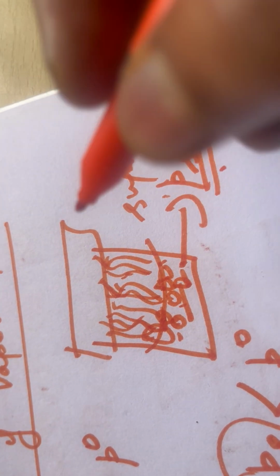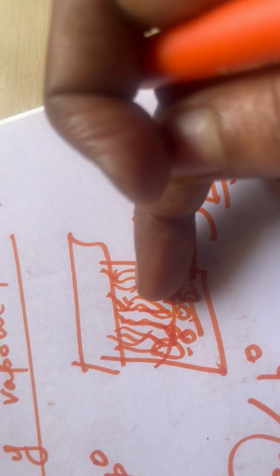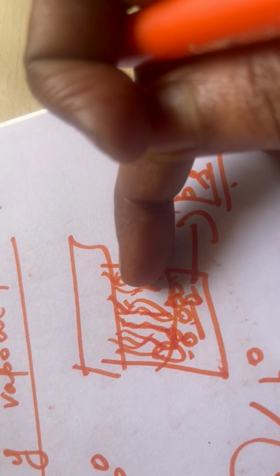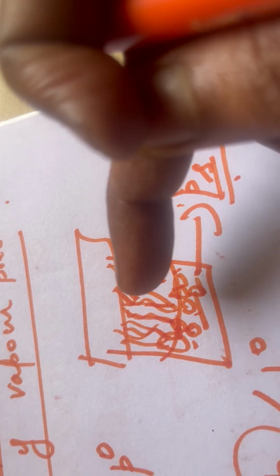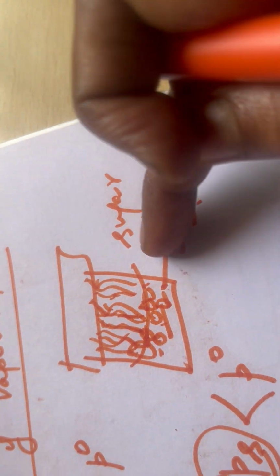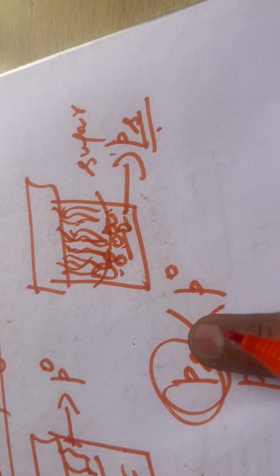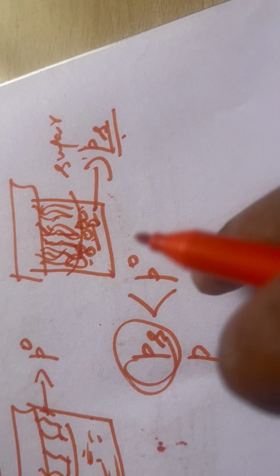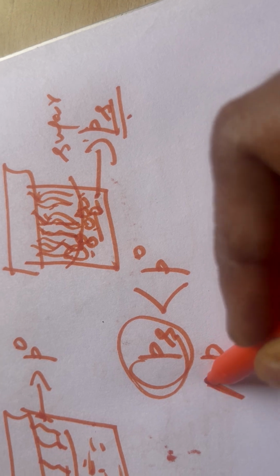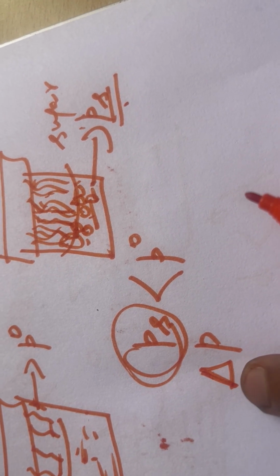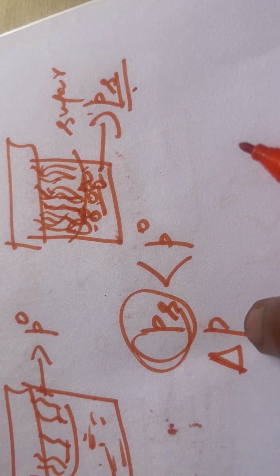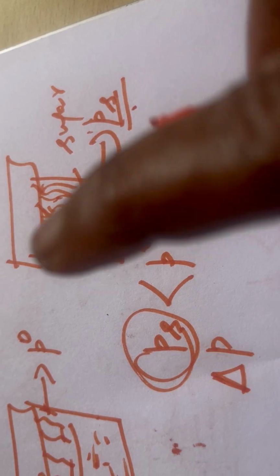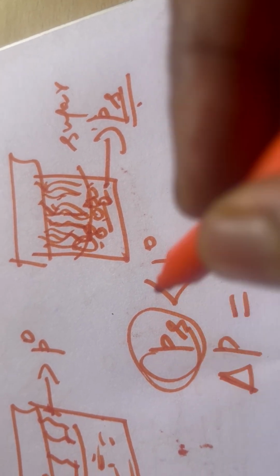So what will happen as the result? The vaporization tendency of the solvent will get reduced. So less vapor, in the sense vapor pressure is also less. So always the vapor pressure of the solution is less than the vapor pressure of pure water. Understood? Now the difference between the two is taken as delta P. Delta P is the difference between the vapor pressure of solvent and solution.